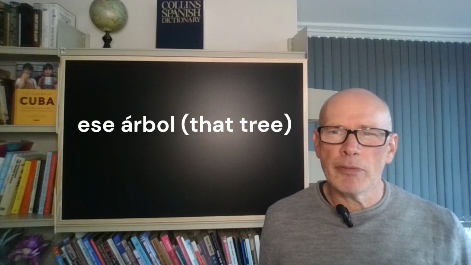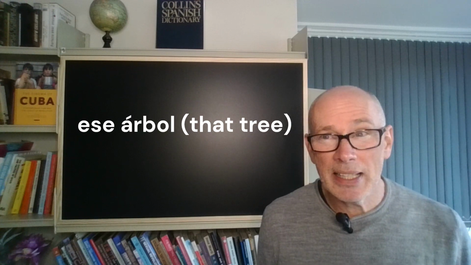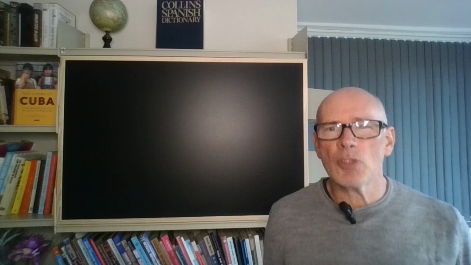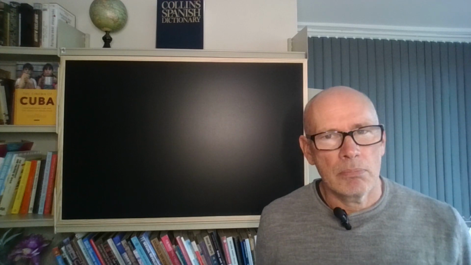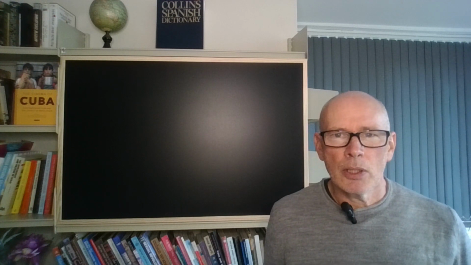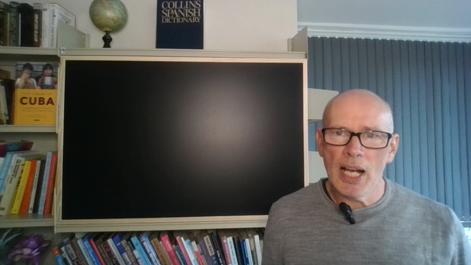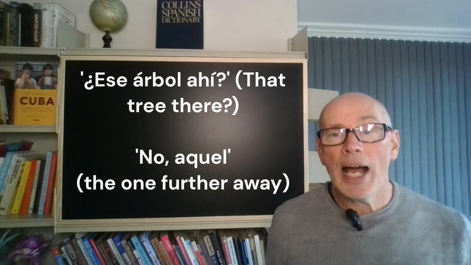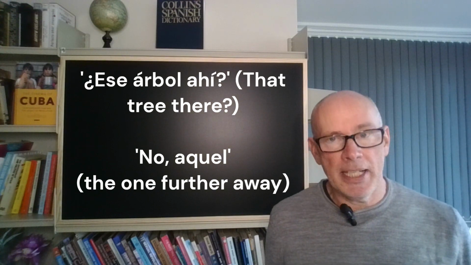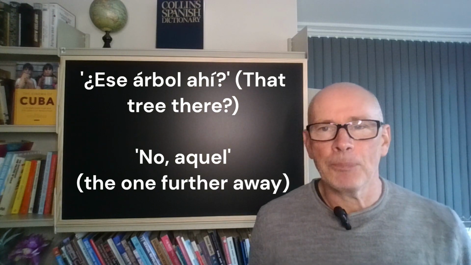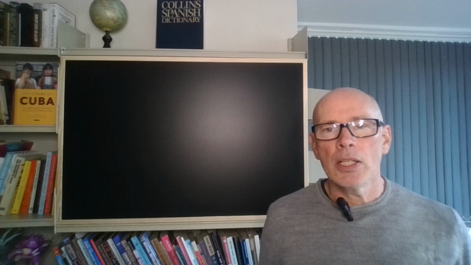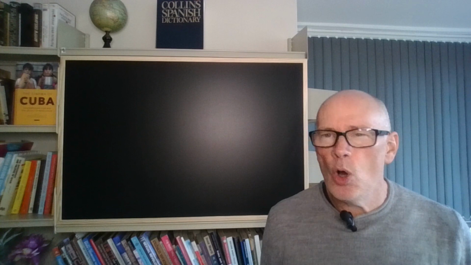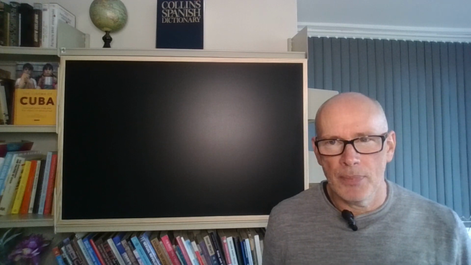But if the thing you're referring to is further away, then you can use aquel or aquella to demonstrate that. For example, you could say, ese árbol allí, that tree there, no, aquel, meaning the one further away. So if you are only referring to one thing, then the use of ese or esa is fine.